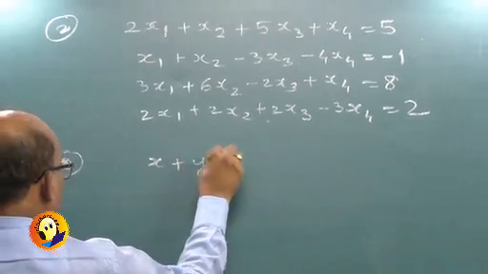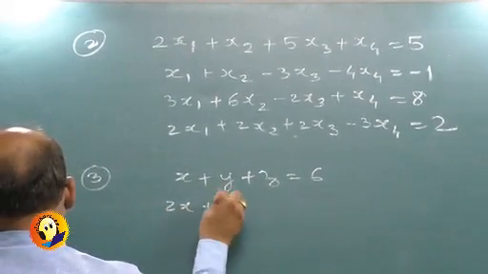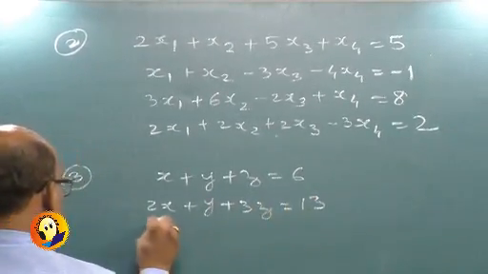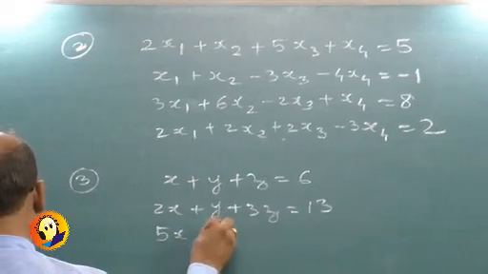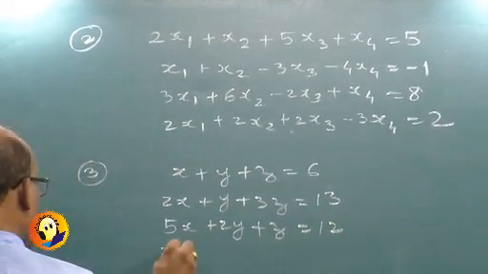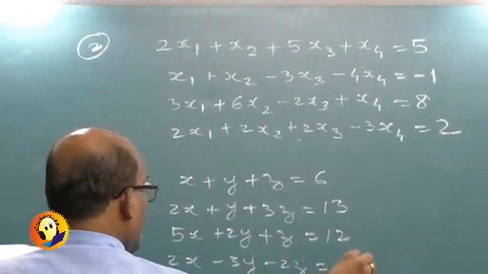x plus y plus z is equal to 6. 2x plus y plus 3z equal to 13. 5x plus 2y plus z equal to 12. 2x minus 3y minus 2z equal to 10.